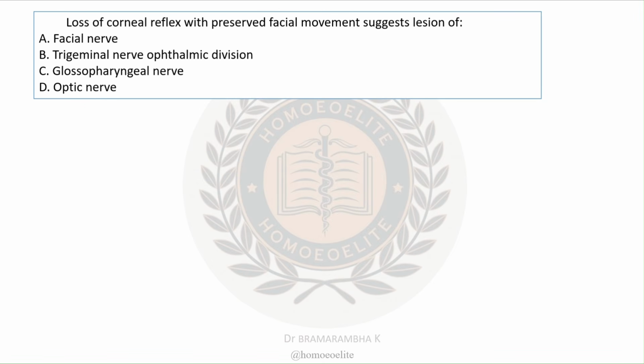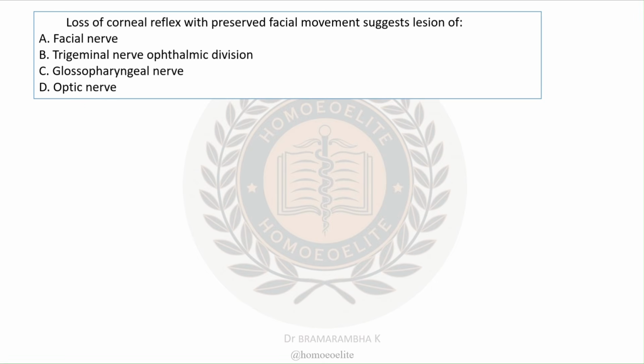Glossopharyngeal is related mostly to the tongue and throat, so we can rule it out. The optic nerve is mainly to do with vision, the pupillary response, and it also tells us the visual acuity.